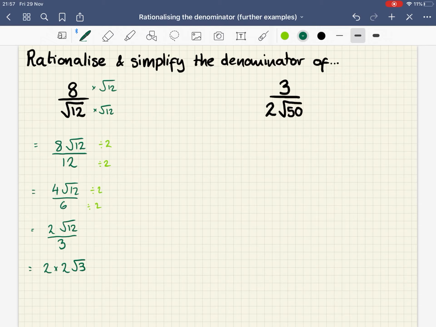And again, if you don't see how we can get from this root 12 to that 2 root 3, I recommend going back to one of the simplification videos. And that all goes over 3. And then I just do that 2 times 2, which is 4. So I've got 4 root 3 over 3.